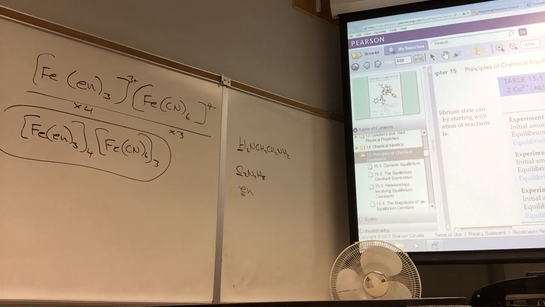This is what we'll call an ICE table to do our stoichiometry. So this would be 2 copper 2s plus a tin 2. This is going to yield 2 copper 1s plus a tin 4. And so initially we have 0.100 moles, and we have 0 moles of product, 0 moles and 0 moles.